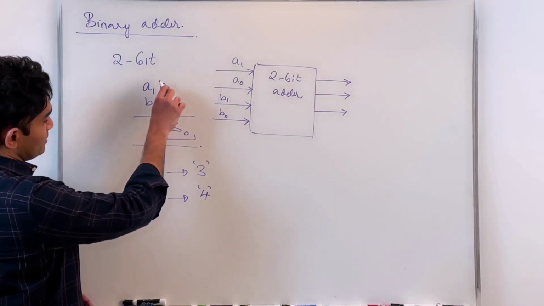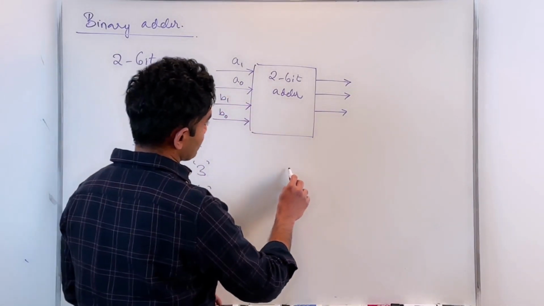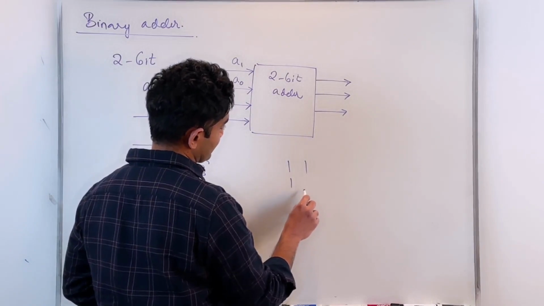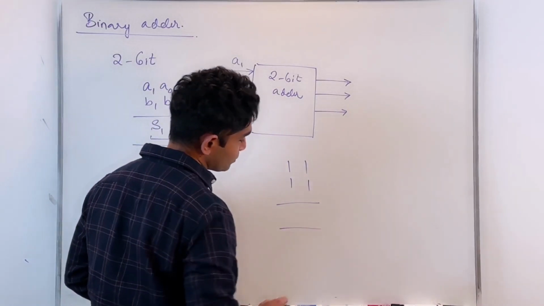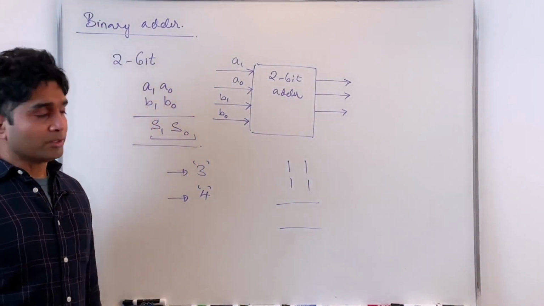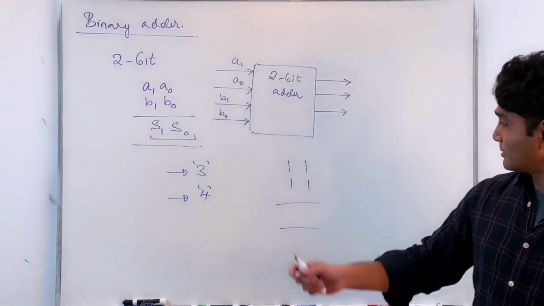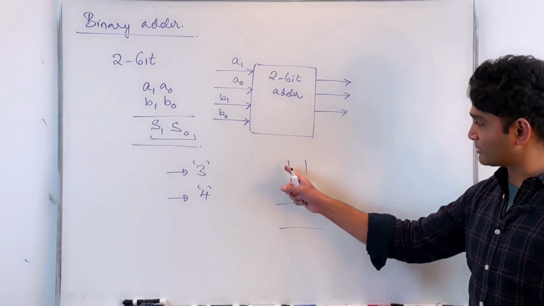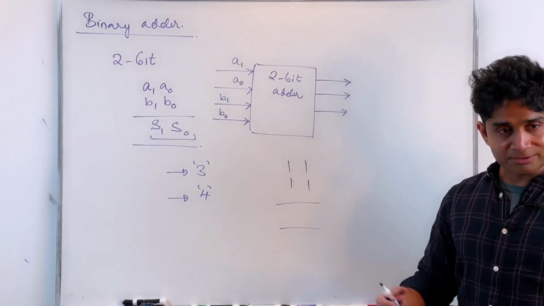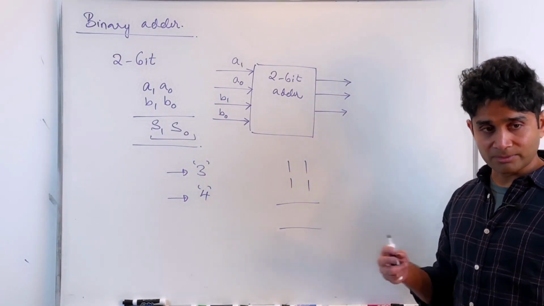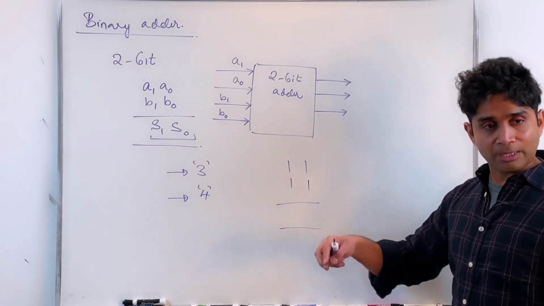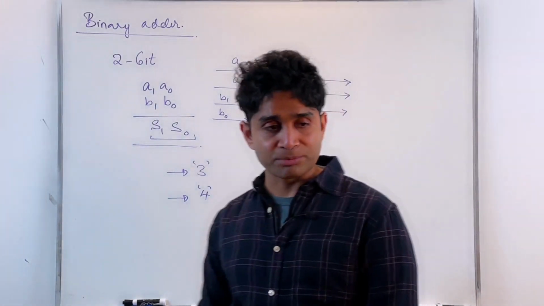That's good. Well, let's take an example. Let's add the worst case scenario, where I'm adding two 3s together. That's the largest number I can represent in 2 bits. So I'm adding the two largest numbers in 2 bits together.